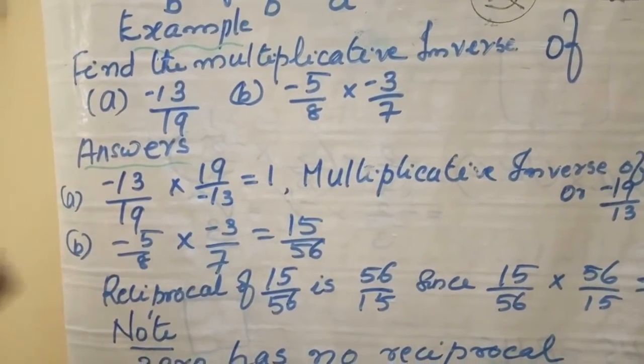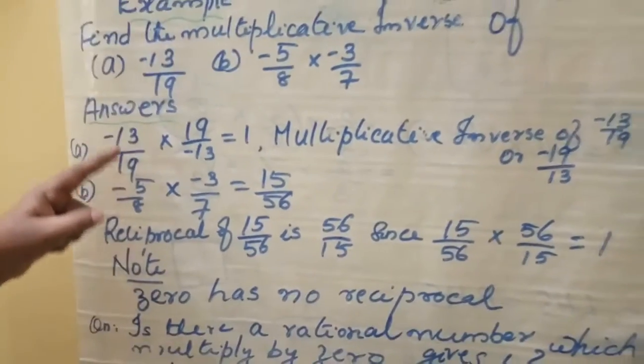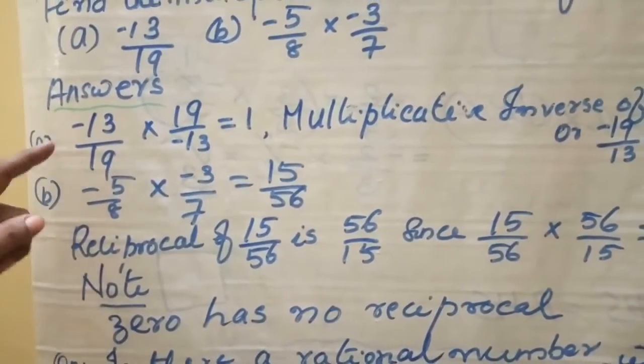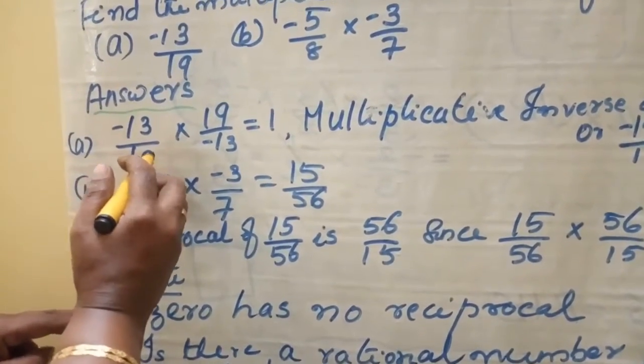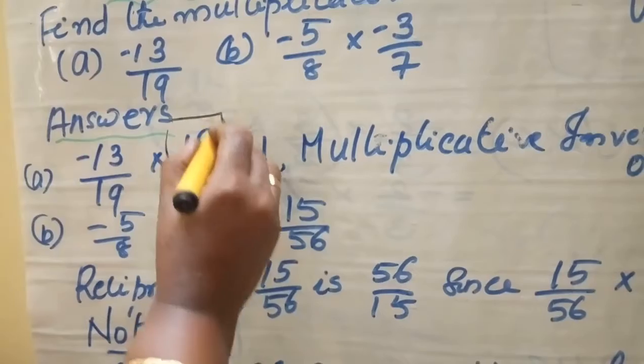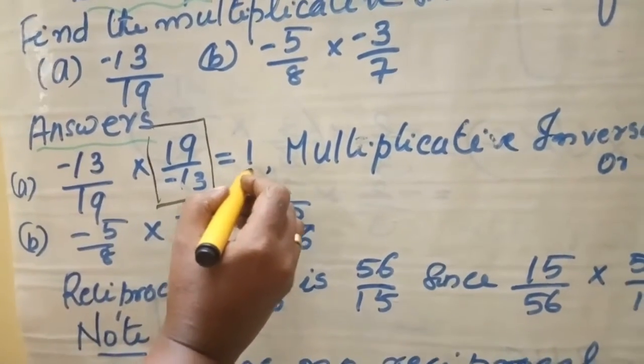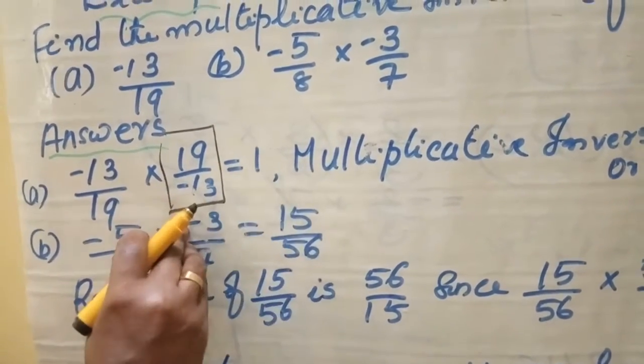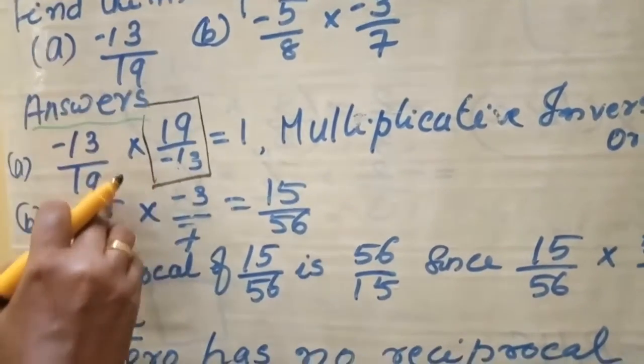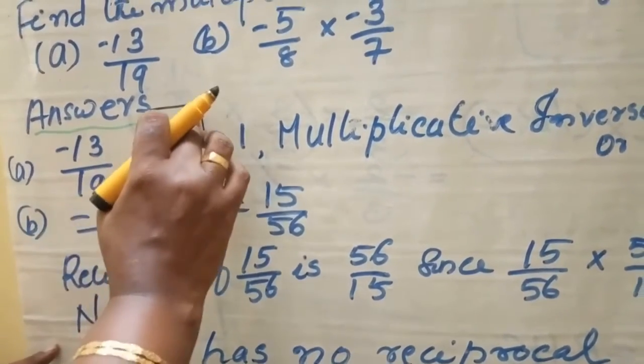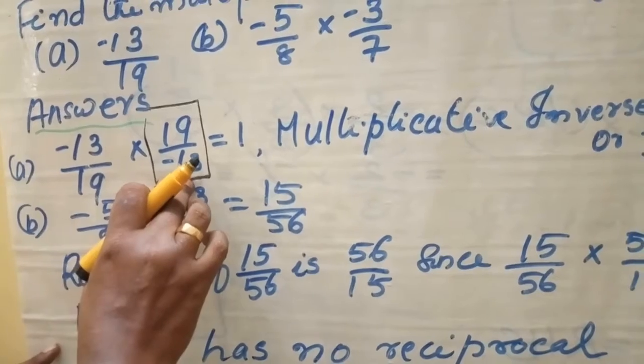Okay. Now, see the first one. Minus 13 by 19. That means this number multiplied by another rational number, the result is coming as 1. Which number? Take the reverse order. That means 19 becomes the numerator, minus 13 becomes the denominator.